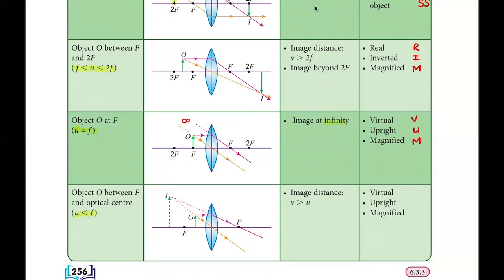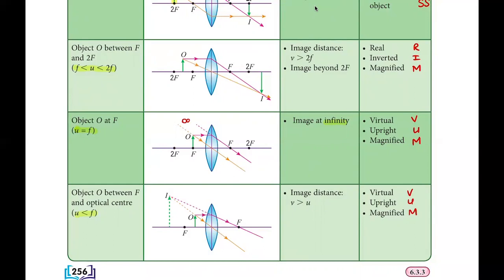And lastly, the position of the object less than F. As you can see here, the image formed is farther than the position of the object, and it is at the same side like the object, so it is a virtual image, upright, and also magnified.